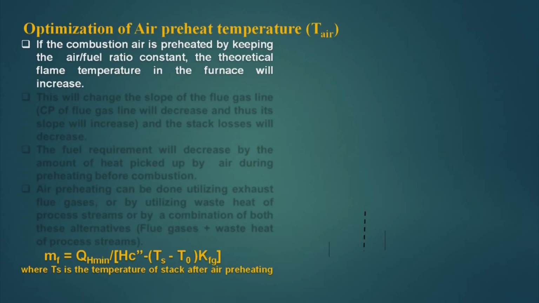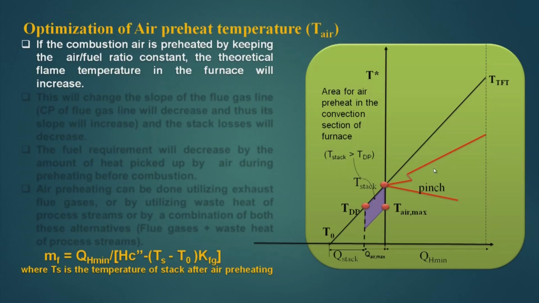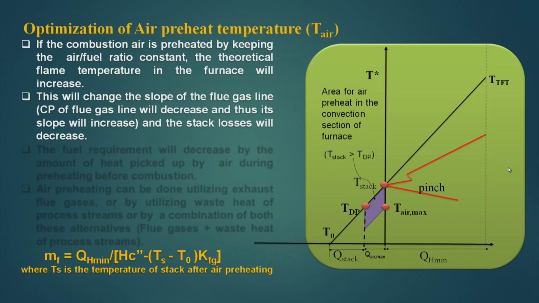If the combustion air is preheated by keeping the air to fuel ratio constant, the theoretical flame temperature in the furnace will increase. This will change the slope of the flue gas line, Cp of the flue gas line will decrease, and thus the slope will increase and the stack loss will decrease.